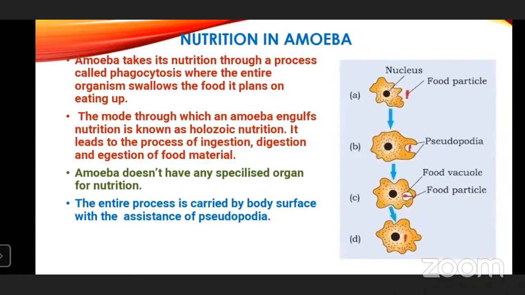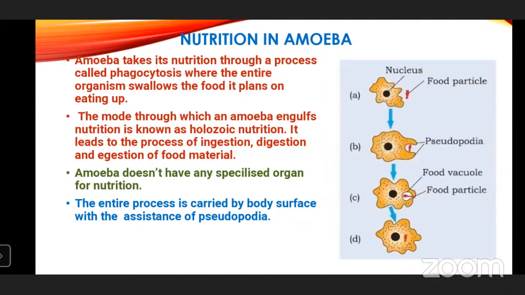The food may be taken in by the entire surface, but as the complexity of the organism increases, different parts become specialized to perform different functions. But in amoeba, there are no special organs for nutrition.